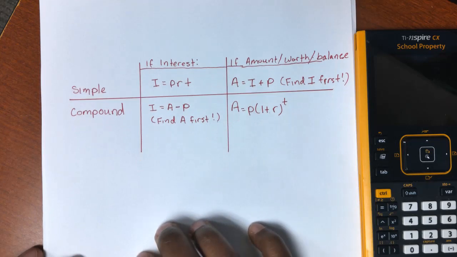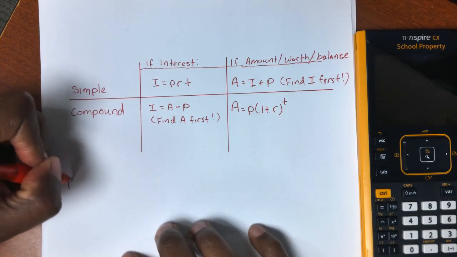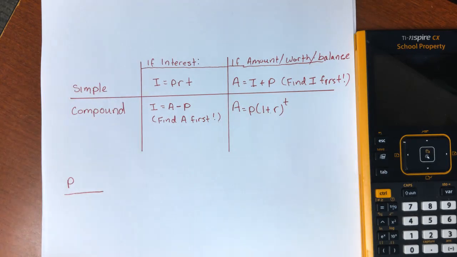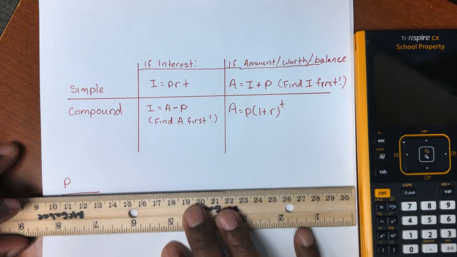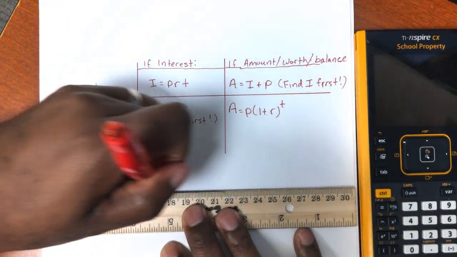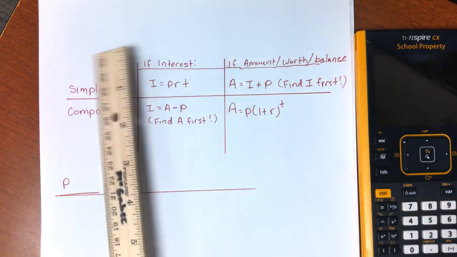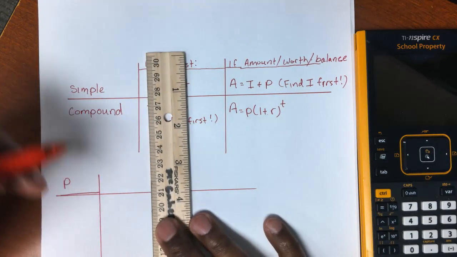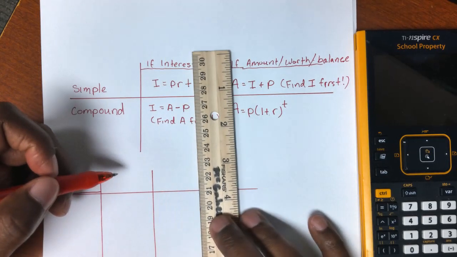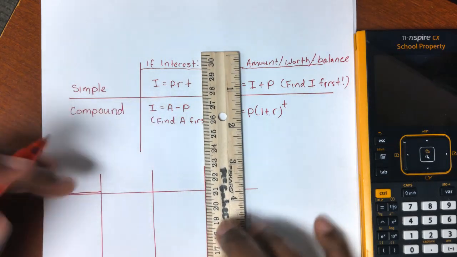So a couple of things I'm going to do is give you some keywords that'll help you identify. Let me make my line so it's nice and neat. It's not going to be the straightest lines, but we'll get the job done.